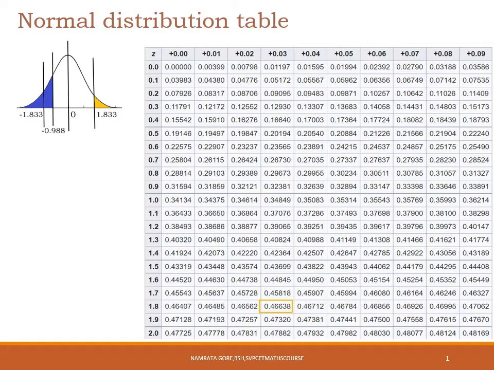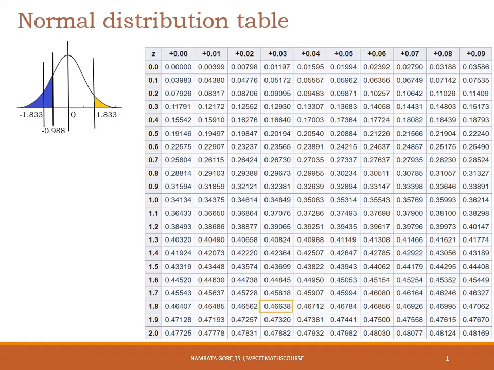Likewise, if we want the area below or less than minus 1.833, the same logic will be applied, that is the total area on the left hand side, 0.5, minus the area between z equal to 0 and z equal to 1.833. So the resultant area will be the same for both sides.